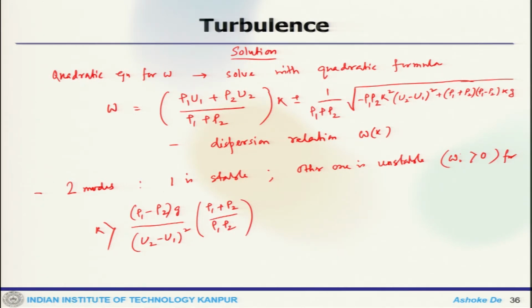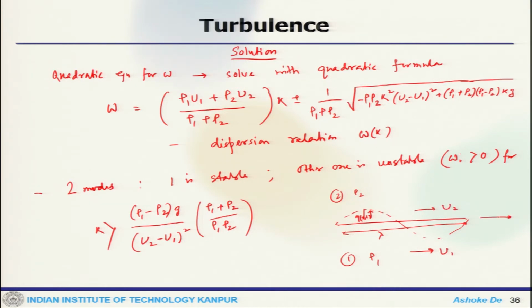So, that is lambda, that is my eta x t, this is state 2, this is state 1 with rho 1, u1, u2, and this is my axis and this is my gravity.